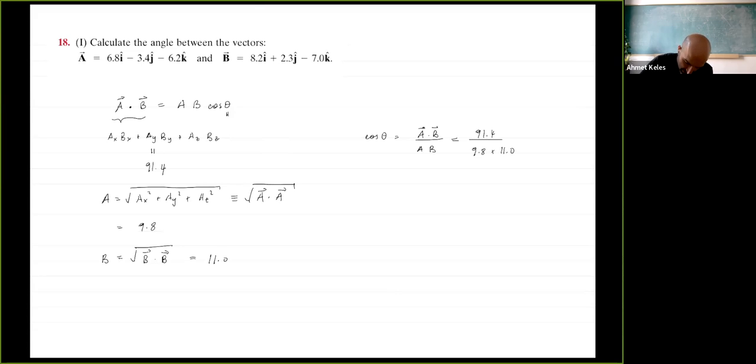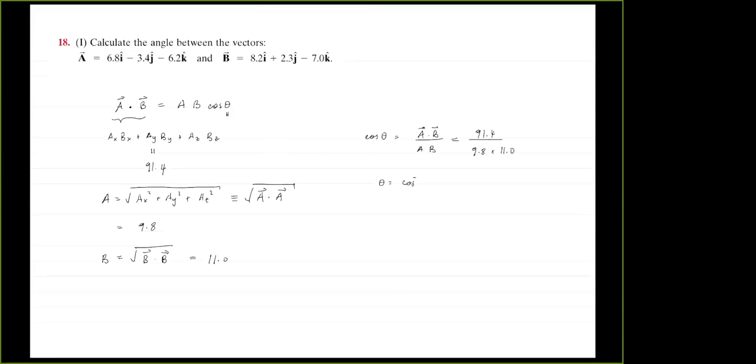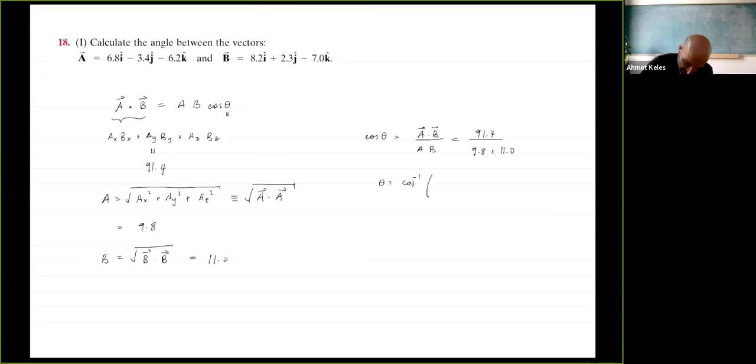From here you can calculate theta, which is equal to cosine inverse of this thing. Let me copy that and try it again. And this is equal to 32 degrees.